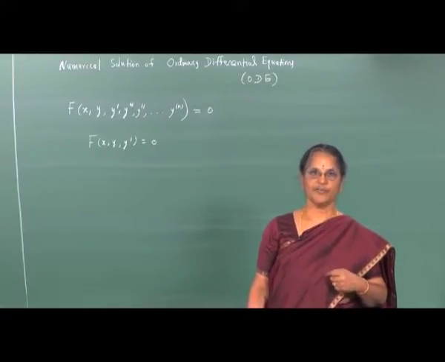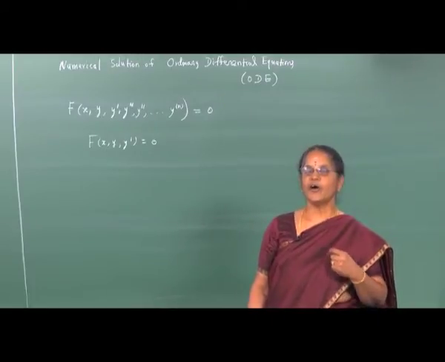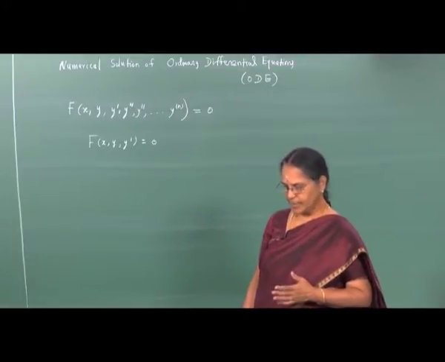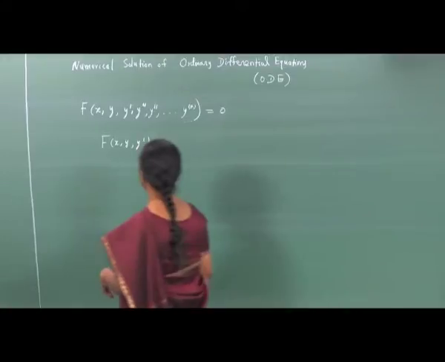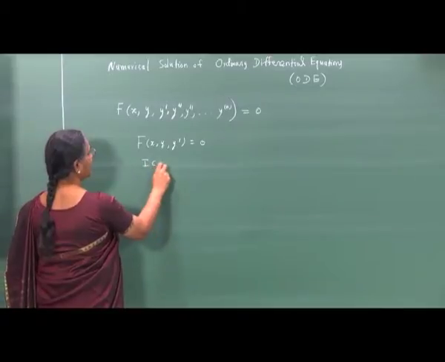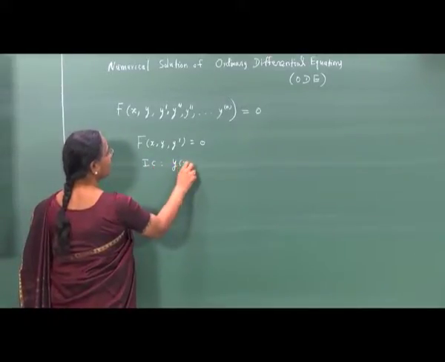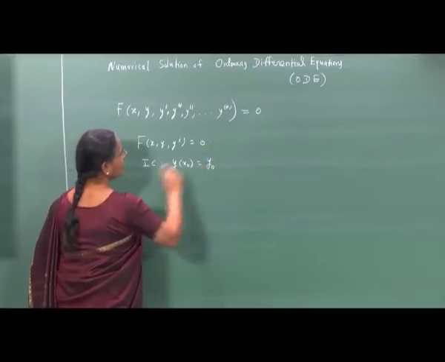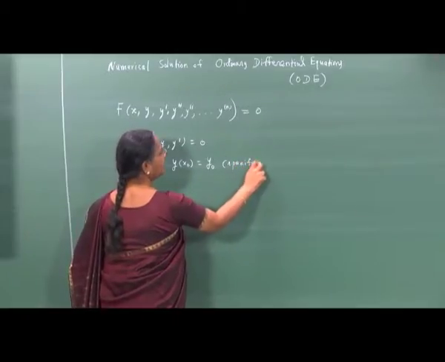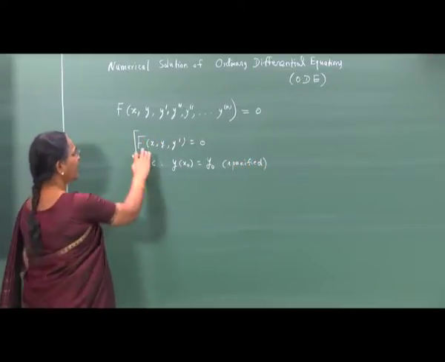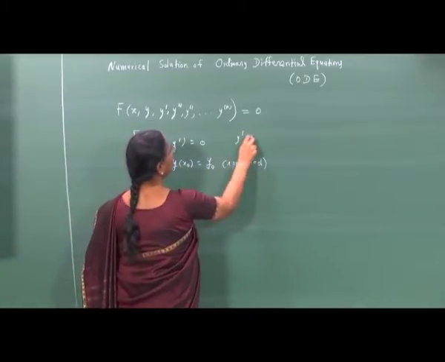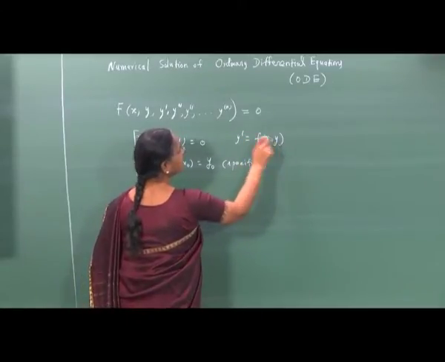So, in this course we will focus in this topic on the numerical solution of first order differential equations. Usually these first order differential equations will come along with some initial condition, namely you will be given y at some initial point, say x naught, which is equal to y naught. So, this y naught will be specified or it will be given to you, and one can write down this relation explicitly in the form y prime equal to a function of x comma y.